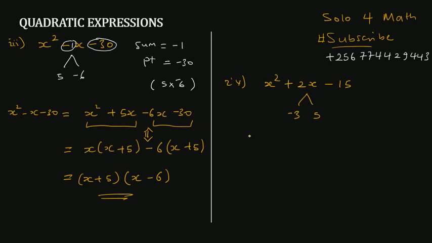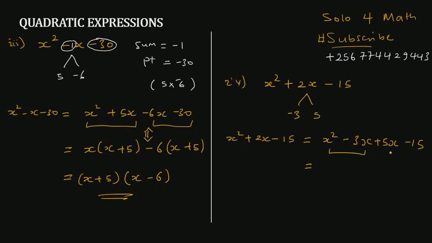Okay, so when we expand, our x squared plus 2x minus 15 will be equal to x squared, just substitute the 2x with this, minus 3x plus 5x minus 15. Where am I getting the negative here? It is from this. So we group.